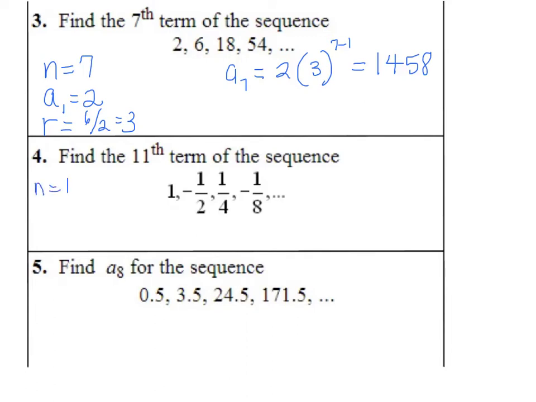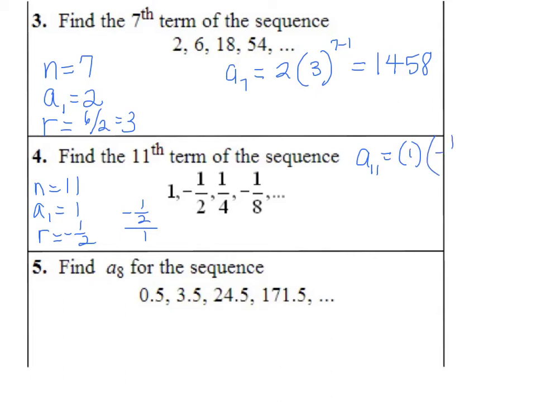Do the same thing here for the 11th. N is equal to 11. A sub 1 is equal to 1. And r is going to be equal to negative 1/2 divided by 1. So r is just going to be negative 1/2. Put that one in. I have a sub 11, the initial value, which is 1.